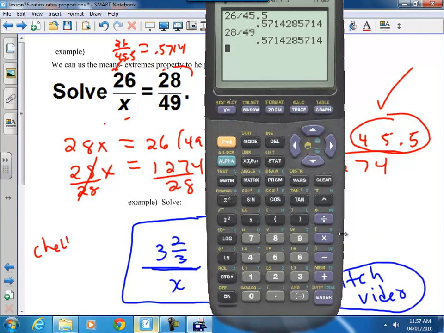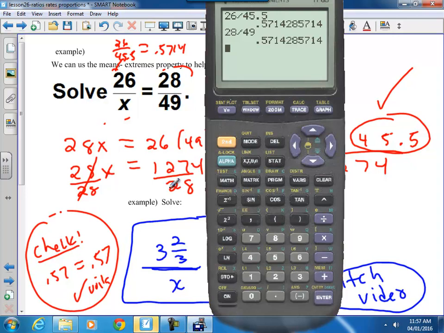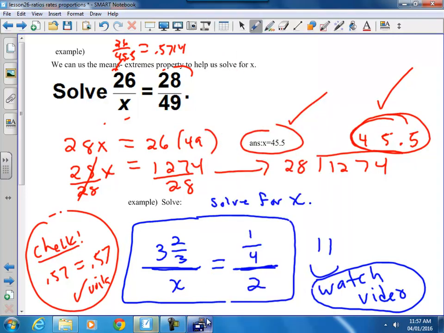If we check the solution, we find that 0.57 balances with 0.57, and voila, we know we did it right. Okay? So just reminding us to take 45.5 and throw it back in. Store 45.5 in for x to check.